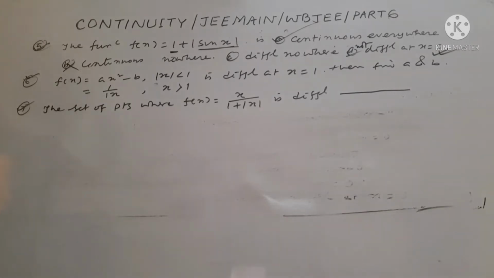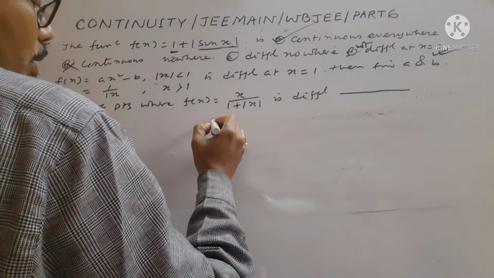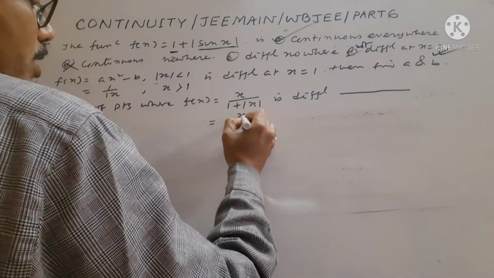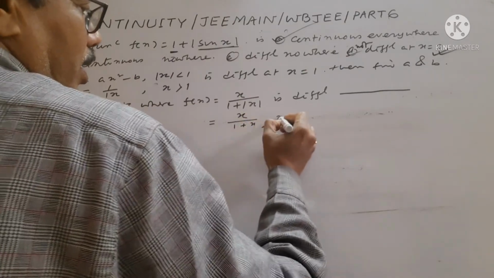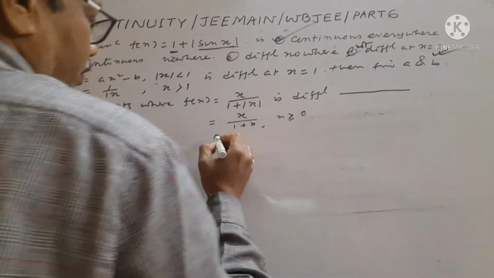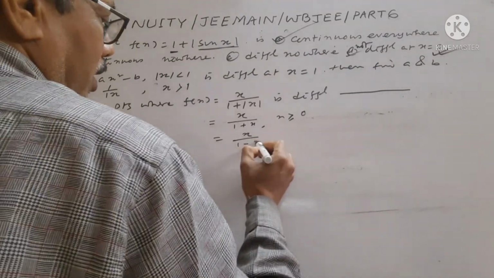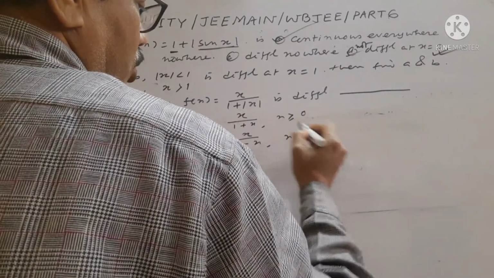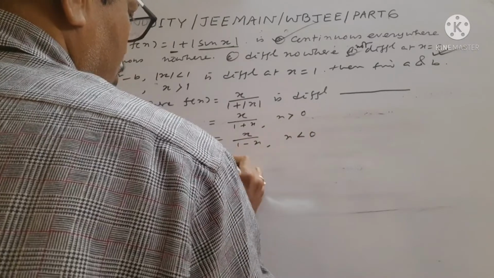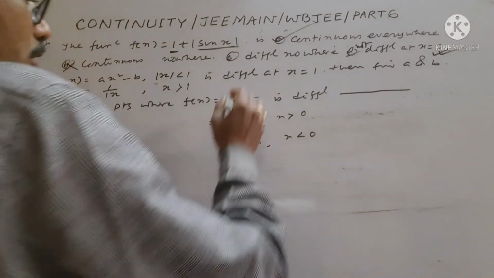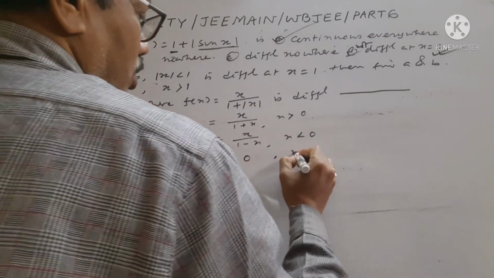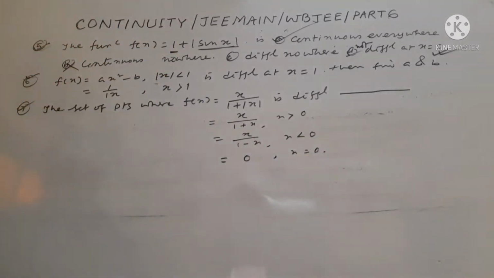Now problem number 7. The set of points where f(x) is differentiable. So look, this is x by 1 plus x for x greater than 0, and x by 1 minus x for x less than 0. At x equals 0, this is 0 by 1, which is 0. So you have to check differentiability. What is f dash x?